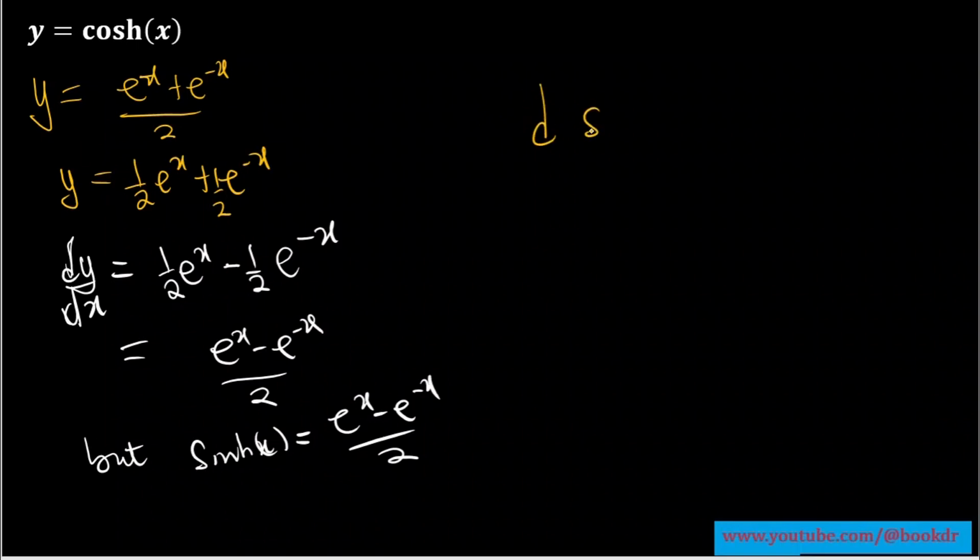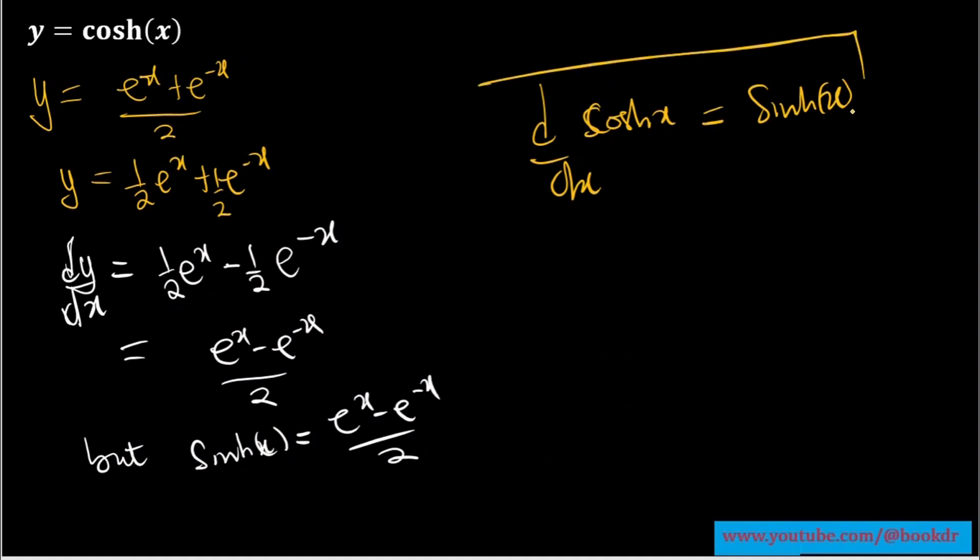So when we differentiate cosh x with respect to x, we are going to get sinh x. So we should also keep this. In fact, this is the basics. If you remember these two, then we can do other derivatives based on the knowledge of these two.